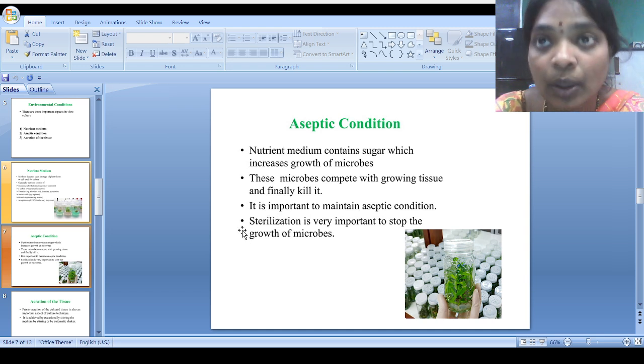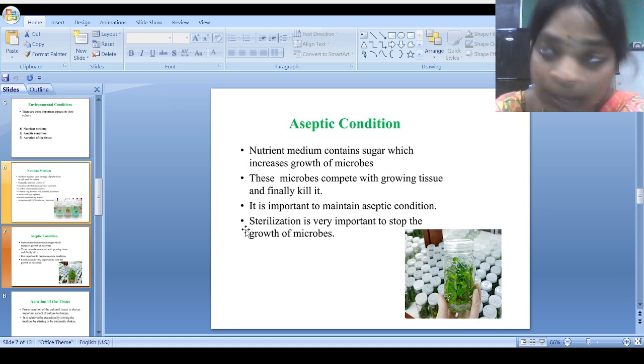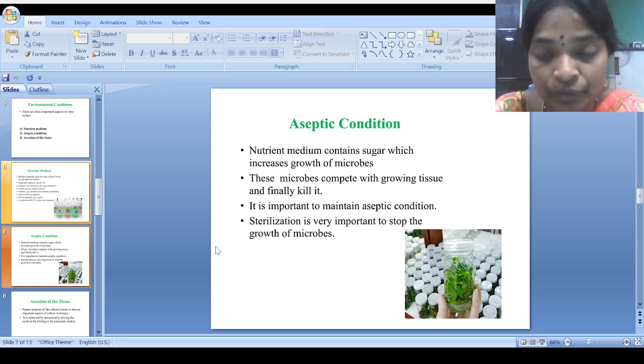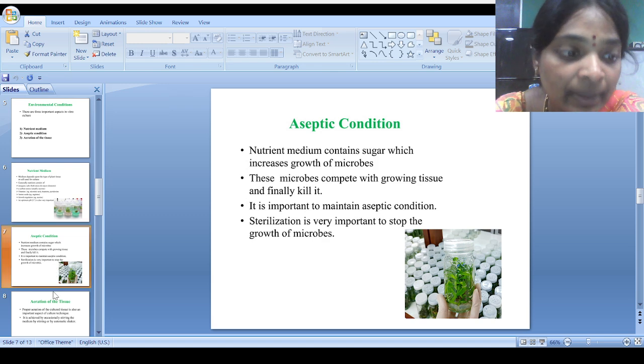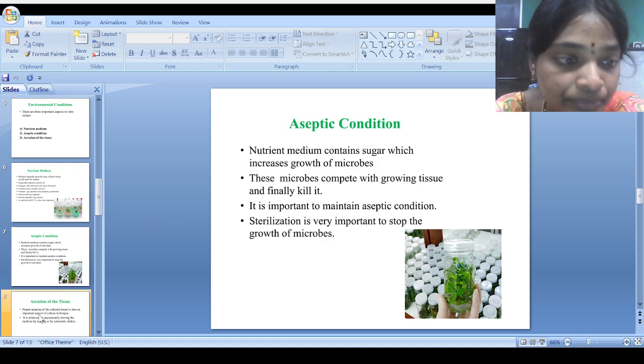So we have to maintain the optimum temperatures. And pH, as we already know, 5.6 to 5.8, with an average of 5.7. Next, sterilization is very important to stop microbial growth. There is a high chance of infection for these in vitro plants. We have to keep in mind that they should not be affected.